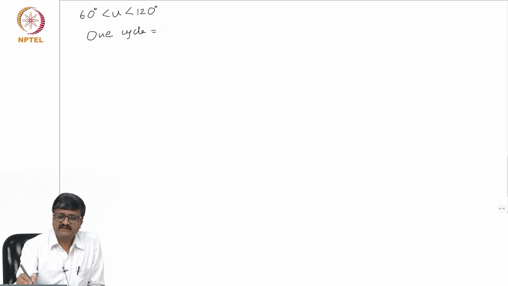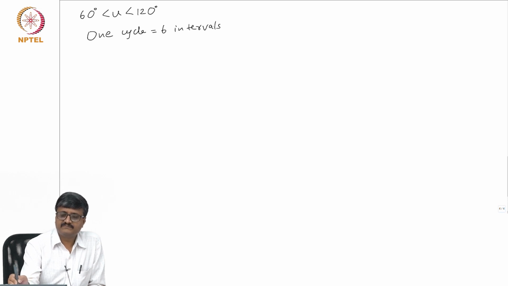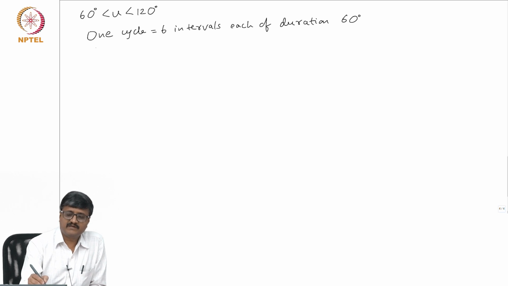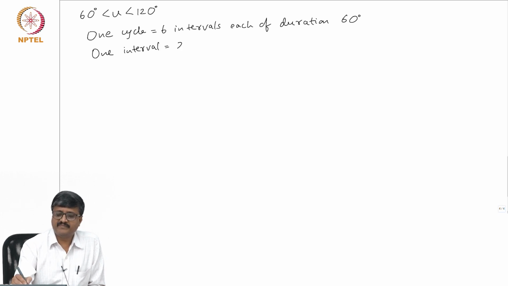So, one cycle is equal to 6 intervals, each of duration 60 degrees. And one interval is equal to 2 subintervals. Now, why am I saying 2 subintervals?